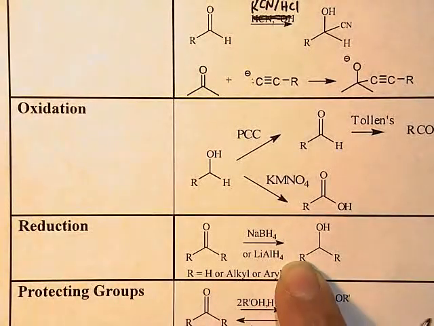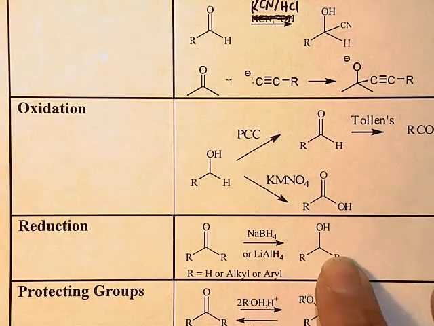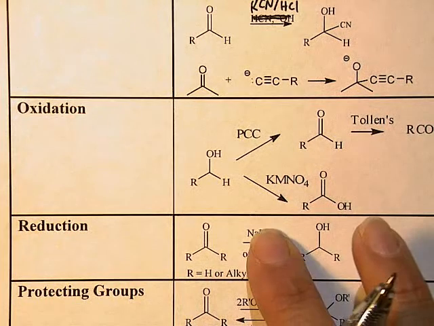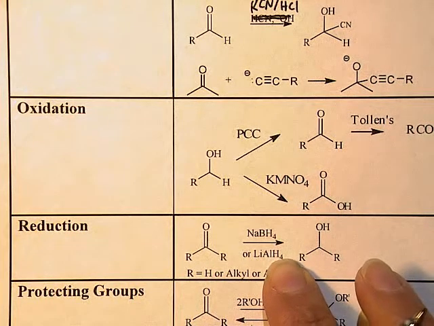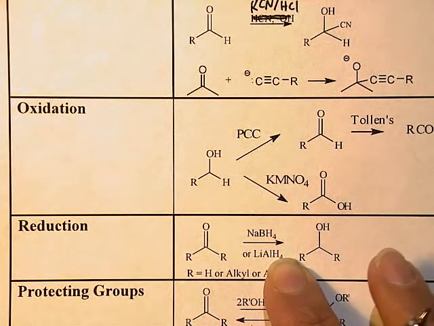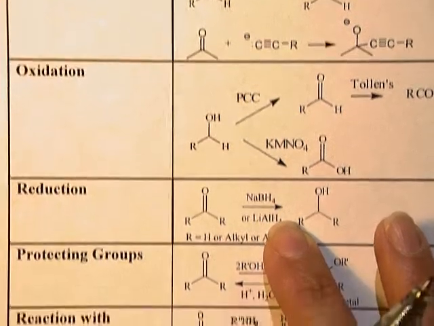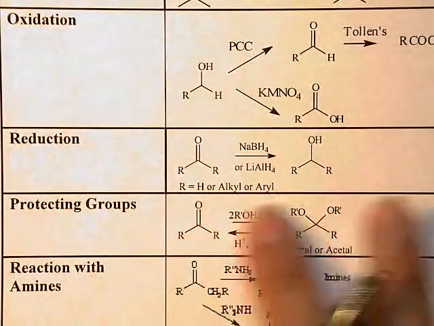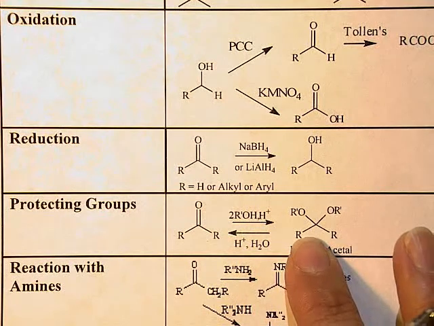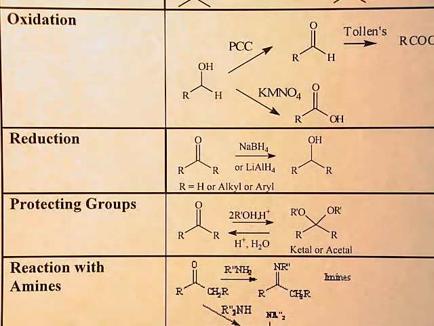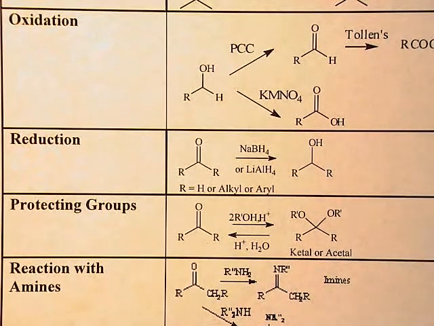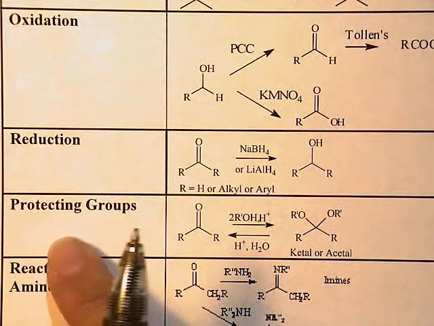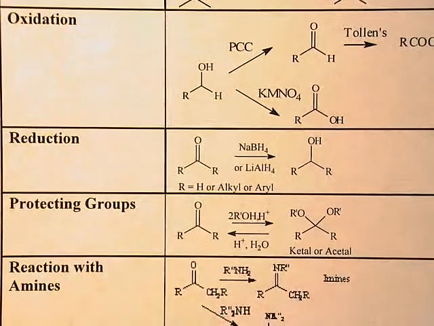And this is from this unit, reduction, how to get the alcohol, either using sodium borohydride, which is a mild reducing agent, or lithium aluminum hydride, which is a strong reducing agent. Now, acetals are in this category, most useful in synthesis as a protecting group. That's why I categorize acetals under protecting groups.